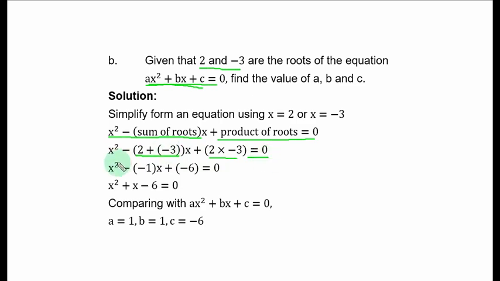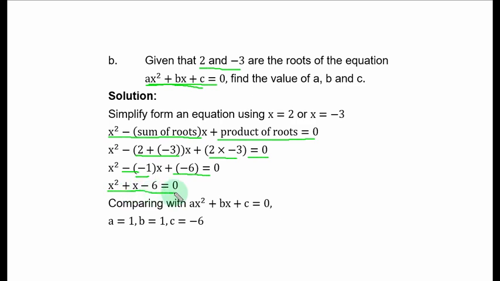So you have s squared minus, 2 plus minus 3 means 2 minus 3, and that is minus 1 times s plus minus 6 as the product of roots. If you open the bracket, minus 1 is plus 1 times s is s. So you have s squared plus s minus 6 equal to 0.